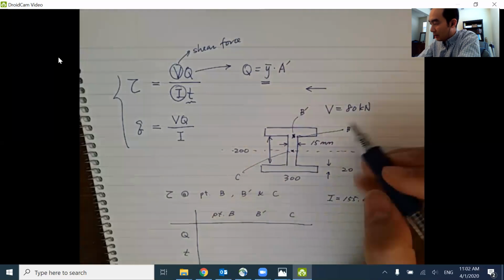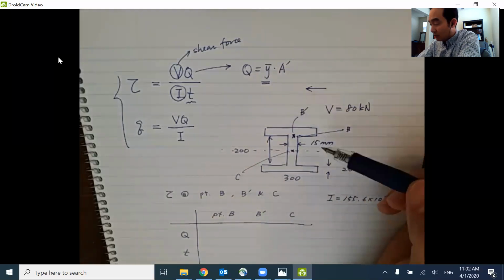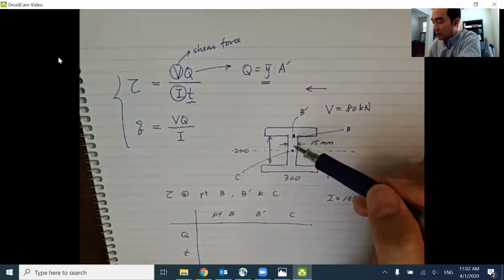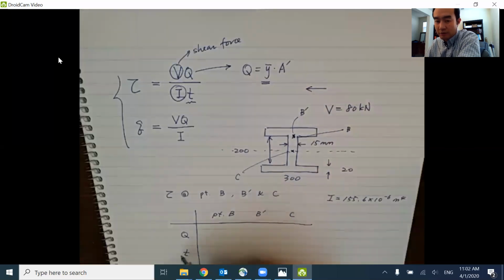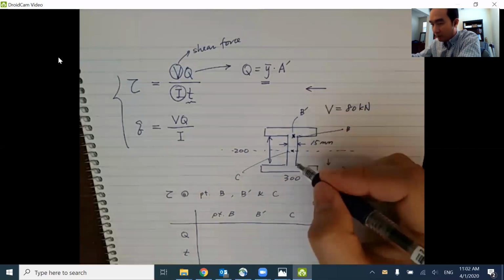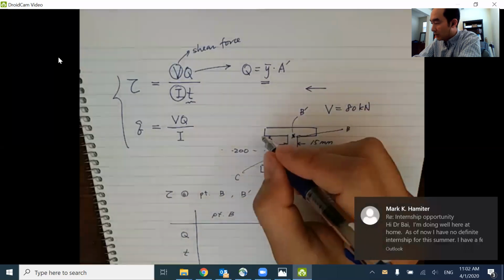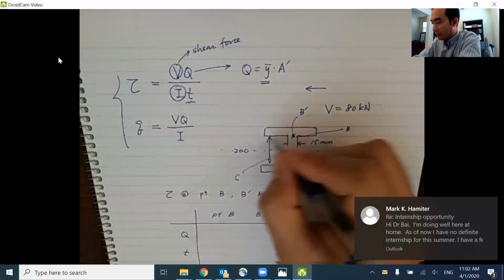So the difference between B and B prime is exactly the same location, but in terms of the thickness, it will differentiate the value of the stress. The point B prime is the bottom of the top flange, which means the corresponding thickness is going to be this entire width of the flange.